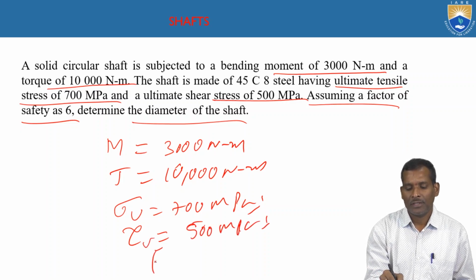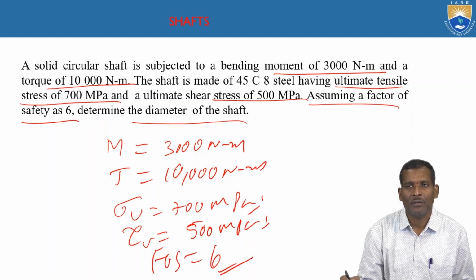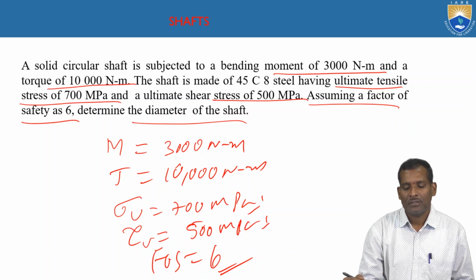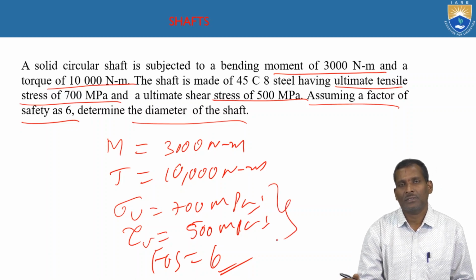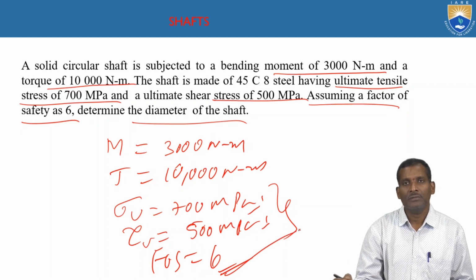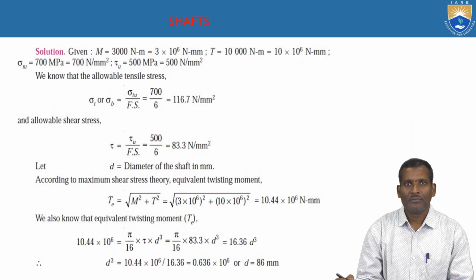Here the factor of safety is given as 6. These given values are ultimate stresses, so we need to calculate the allowable or permissible stress by using this factor of safety. You will see how to calculate.